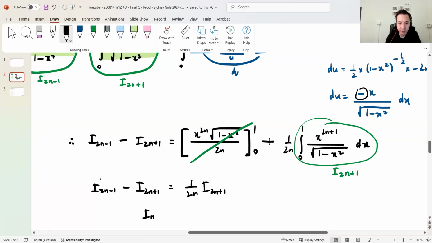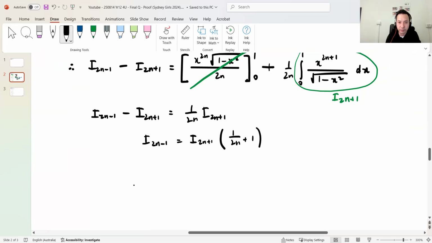So I_(2n-1) equals I_(2n+1), factorize, like 1 plus 1 on 2n, which equals, with a common denominator, 2n+1 on 2n. If I divide that over, I_(2n+1) equals 2n on 2n+1 times I_(2n-1).